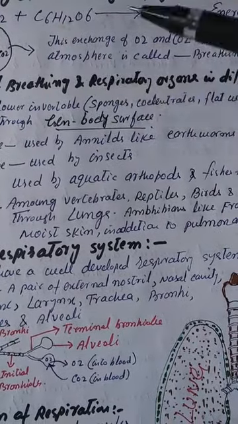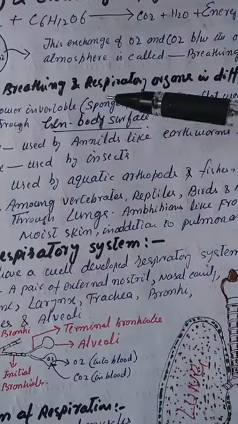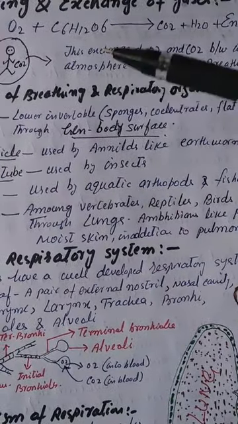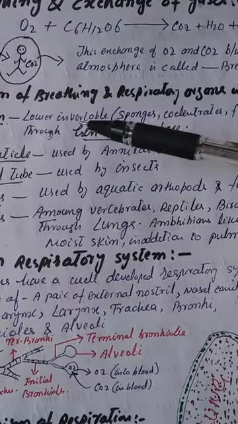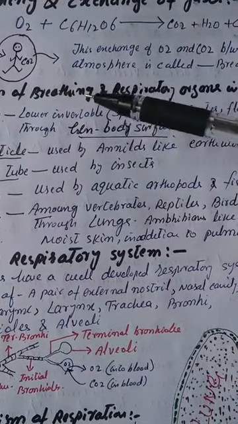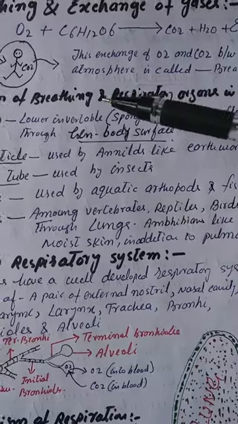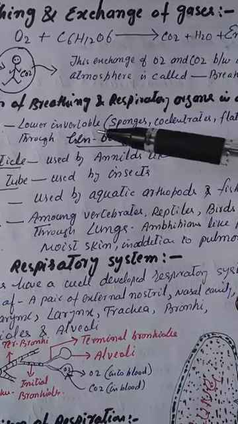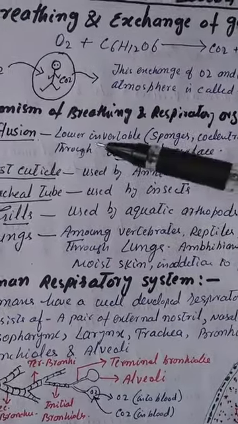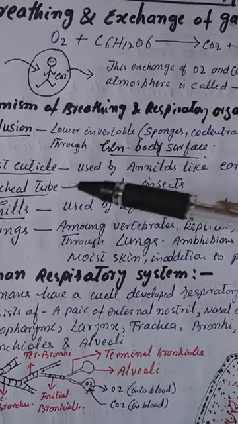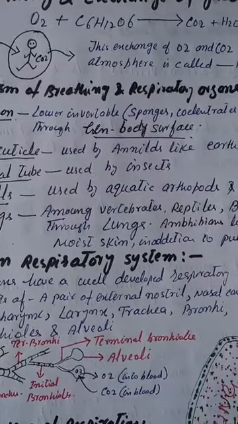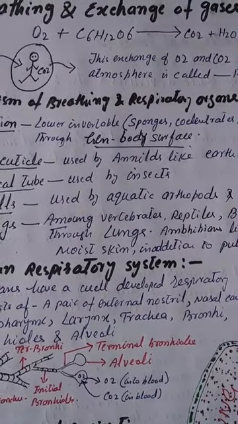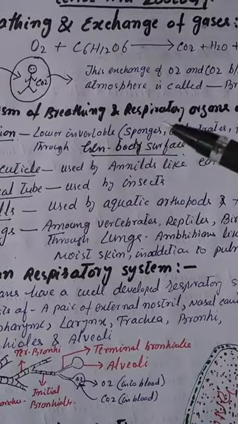Also, some annelids like earthworm use the moist cuticle upon their body surface for this diffusion to take place. In insects, we see a network of tubes known as tracheal tubes, which serve for the mechanism of respiration, and that type of respiration is called tracheal respiration.